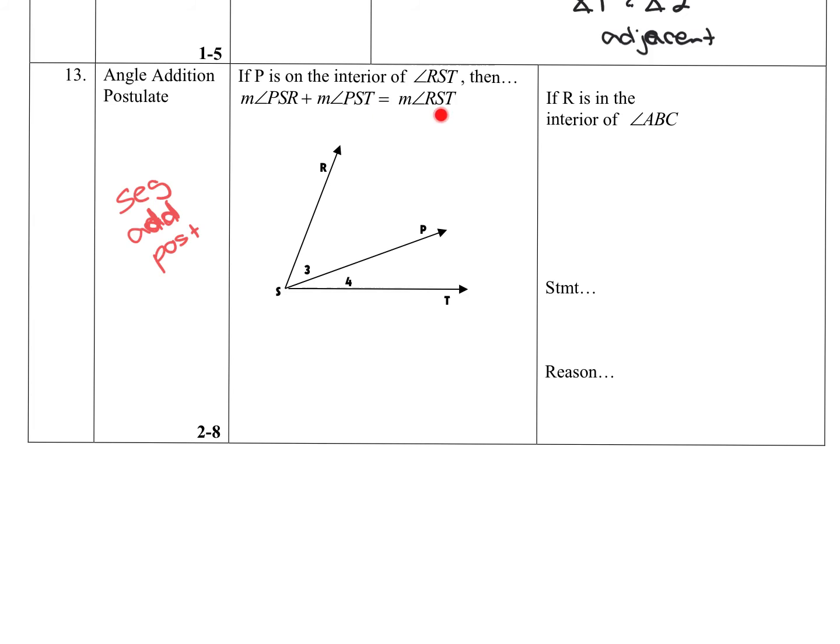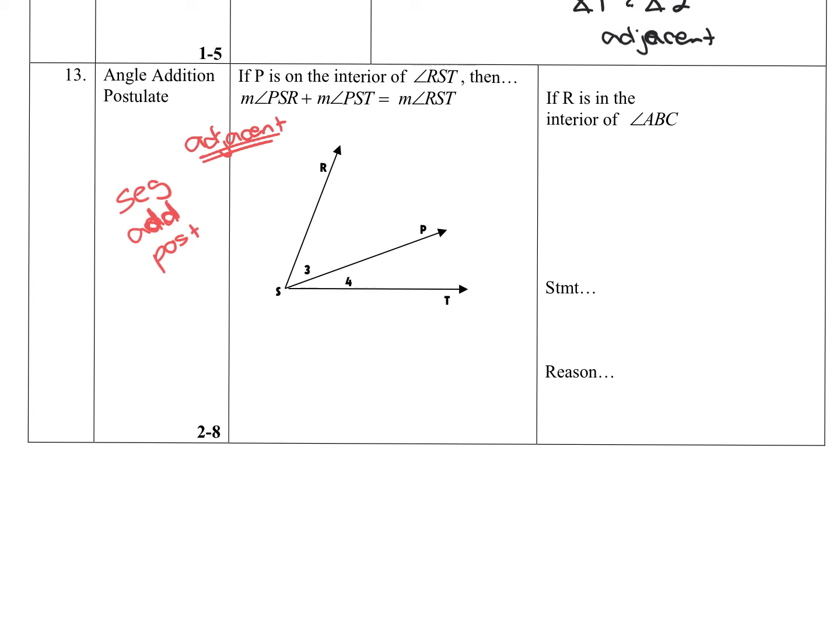We can see this right here. I've got two angles added together and it will equal a whole. It can only be two angles, it can't be more. And then just like with segment addition where the two segments had to be connected, our two angles here will need to be adjacent. So the two angles will need to be adjacent angles.